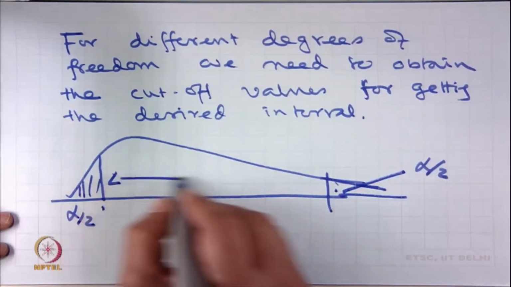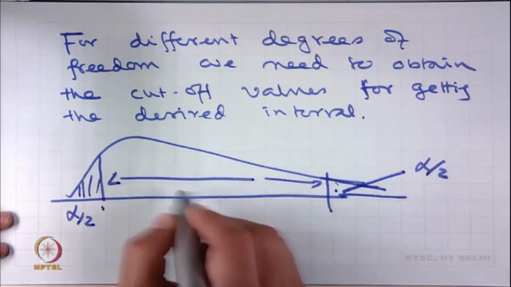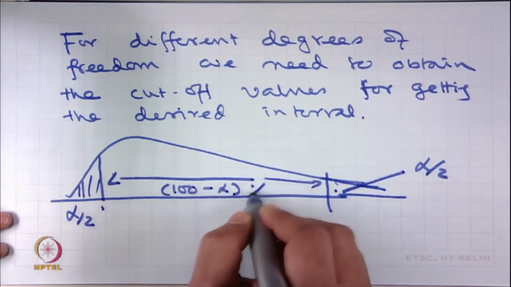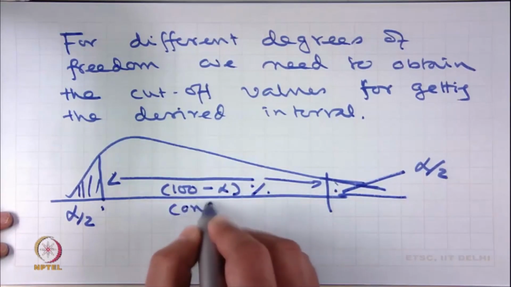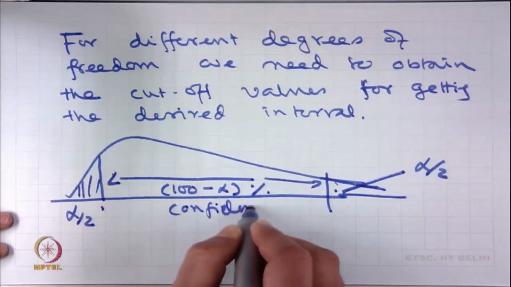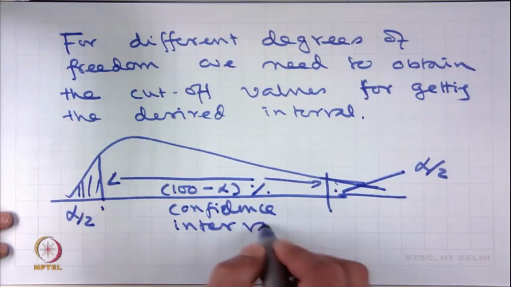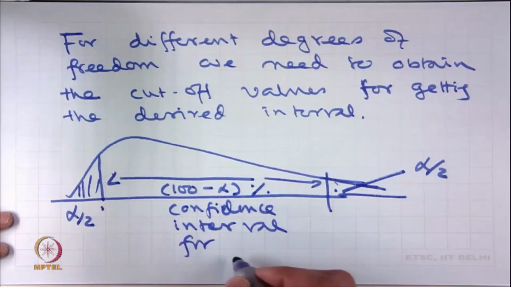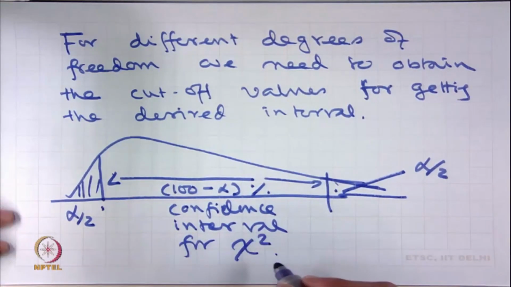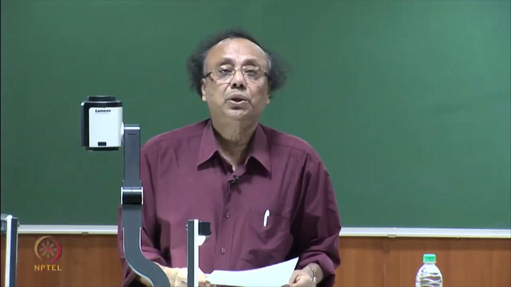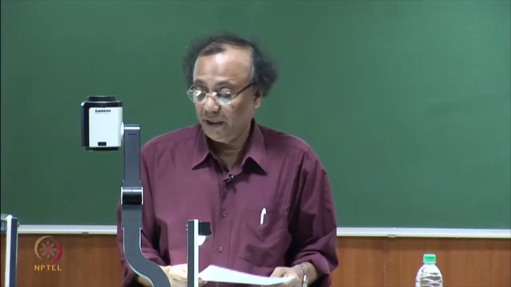So that this is the 100 minus alpha % confidence interval for chi-square. So, let me show the chi-square table.